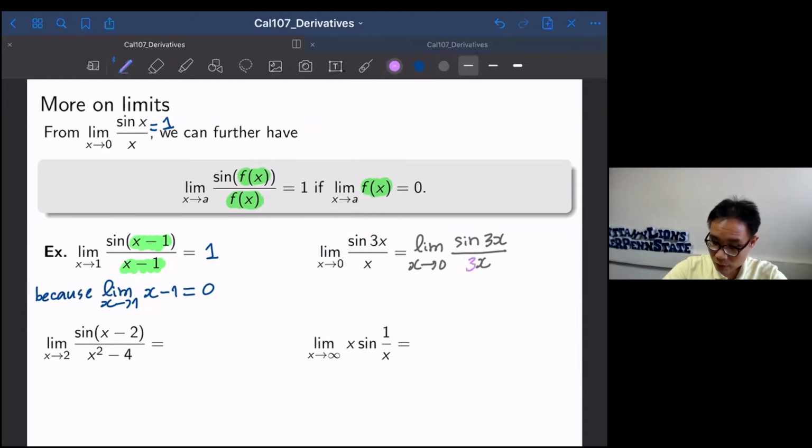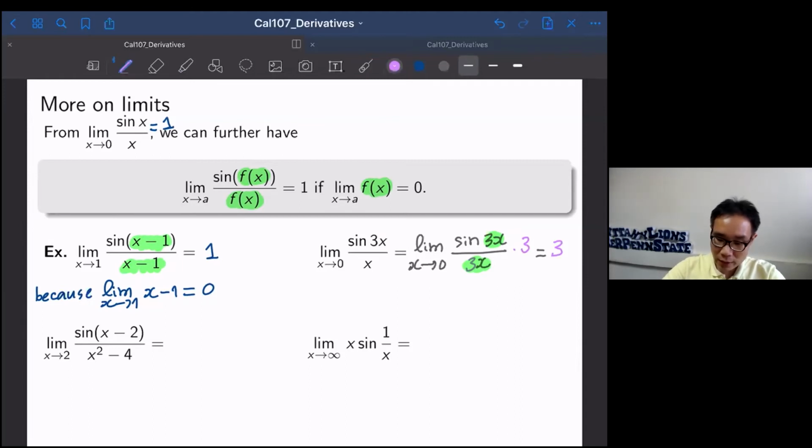So I multiply by 3 here, divide by 3 here, and this guy will turn out to be my green guy, okay? And this limit turned out to be equal to 3, okay? So I didn't lose anything in the question. I want you to see the question, that's why I rewrite this.